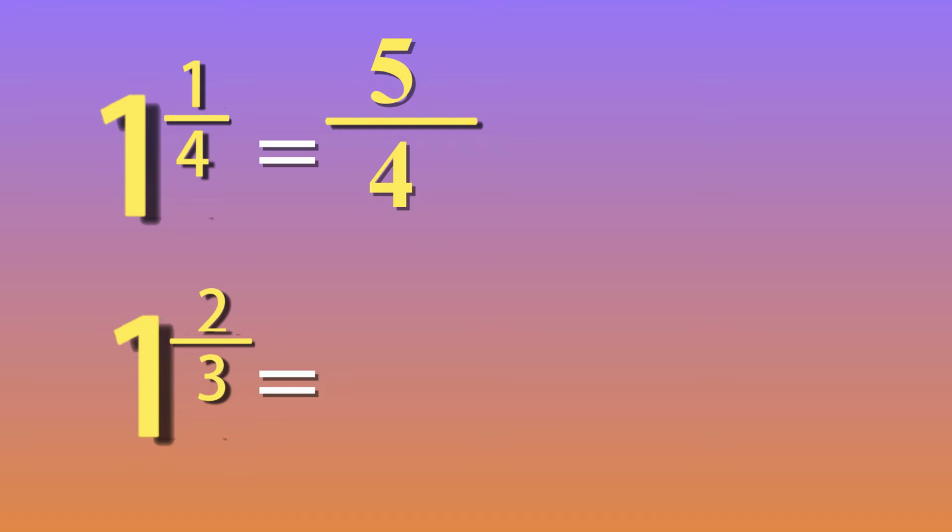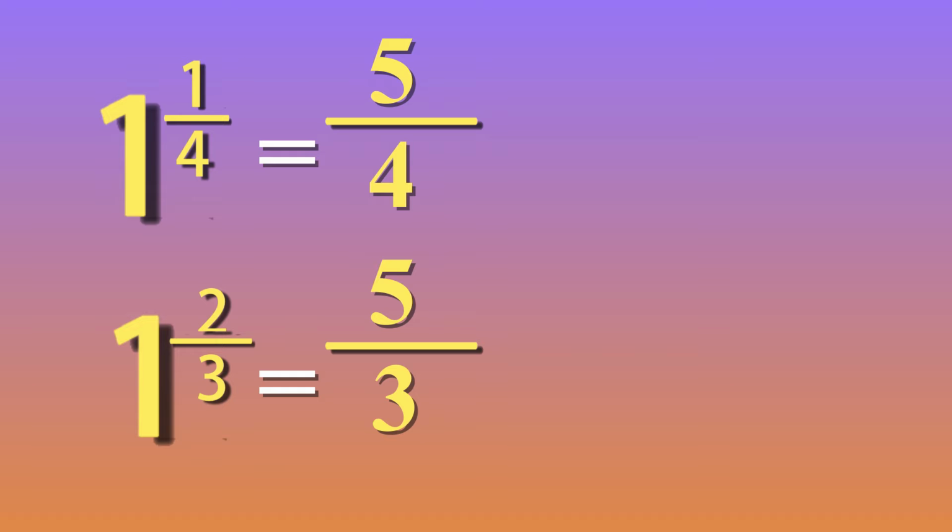Now we'll convert 1 2/3. Move the numerator 2 to the right hand side, multiply the whole number by the denominator of the fraction, that's 1 times 3, which equals 3, and add that to the right hand side numerator. So that's 2 plus 3 equals 5. Then we bring a copy of the denominator of the fraction to the right hand side. So now we've got the fraction 5 over 3.